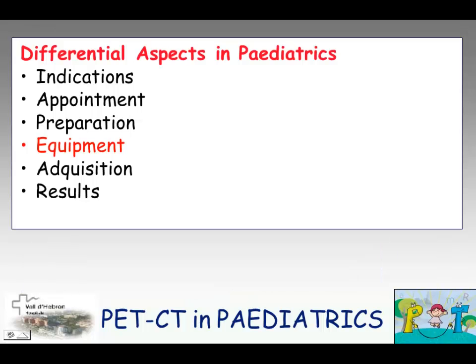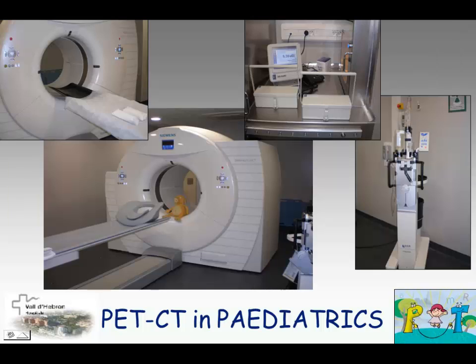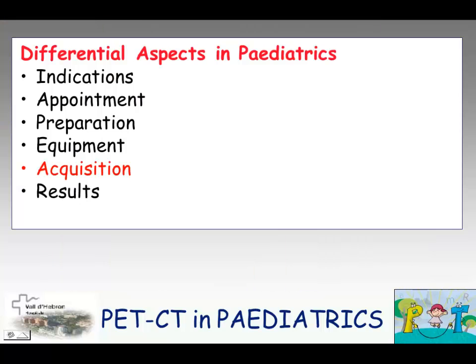What about the equipment? We have to have a very good PET-CT device with a high resolution and high sensitivity, and we will also need a device to inject the intravenous tracer.